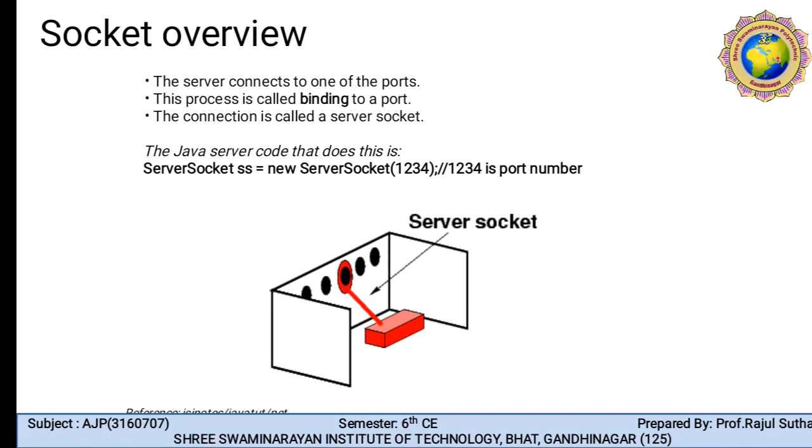The Java server code that does this: ServerSocket ss, here the object of ServerSocket is created, equal to new ServerSocket(1234). 1234 is nothing but the port number we allocate for the server socket.